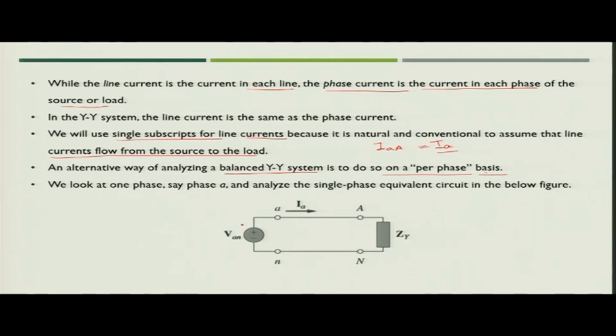Here the VAN, that is the phase voltage, is connected to the load ZY through the line. One line connects phase A of the source to the load, and another line connects the neutrals of the source and load. So, this will be a single phase equivalent of the 3-phase YY connected system which we discussed.